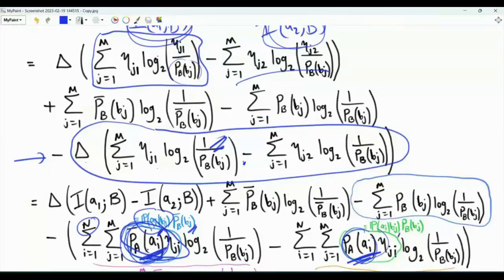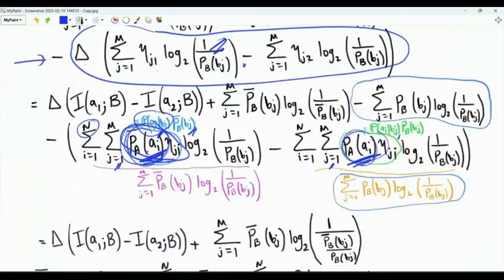This will give us 1 here and 1 there, and we are left with just the summation with the index j here and there. When we do this, this single sum here is exactly like this one. This one has a minus sign in front of it, and this one has a plus sign. So these two guys cancel.